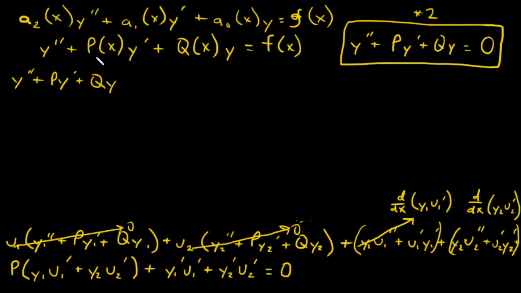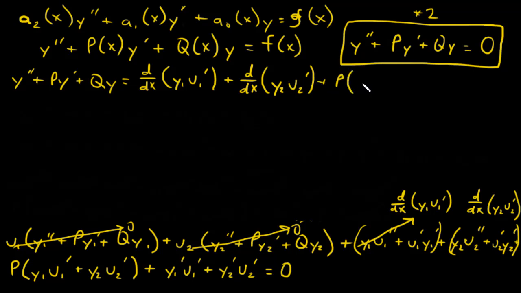So I've got y double prime plus py prime plus qy is going to equal this derivative, so d dx of y1 u1 prime plus the derivative of y2 u2 prime plus p times y1 u1 prime plus y2 u2 prime plus y1 prime u1 prime plus, I'm running out of room, y2 prime u2 prime.